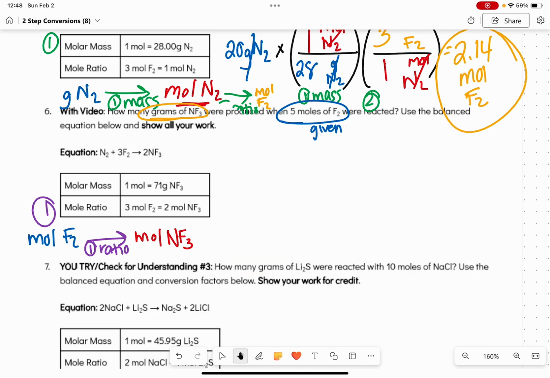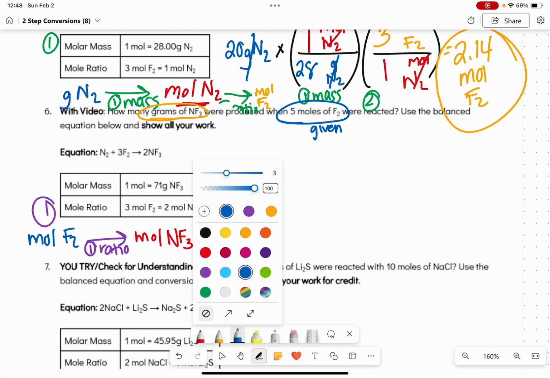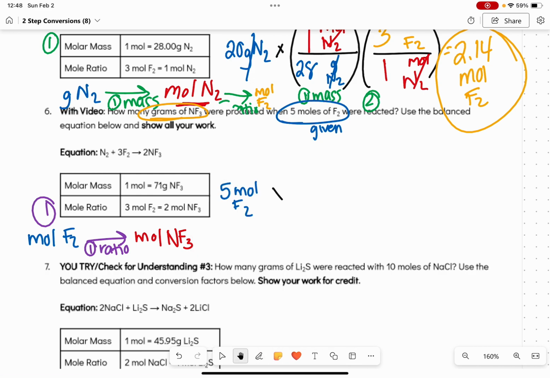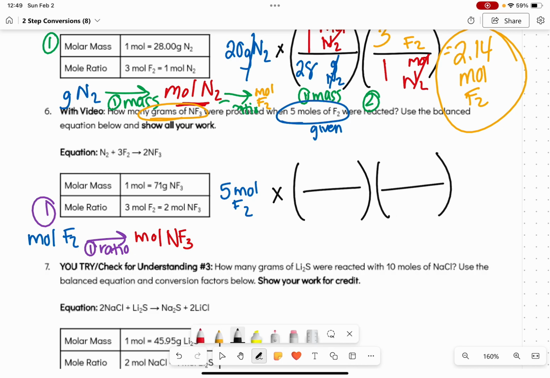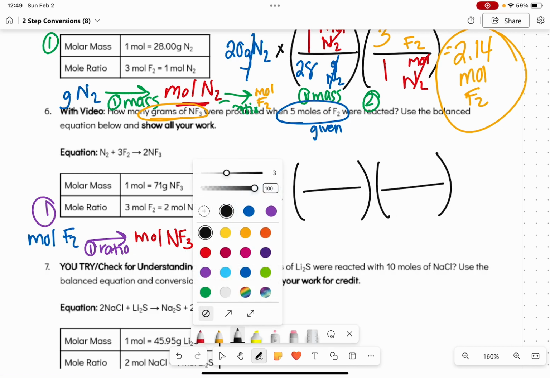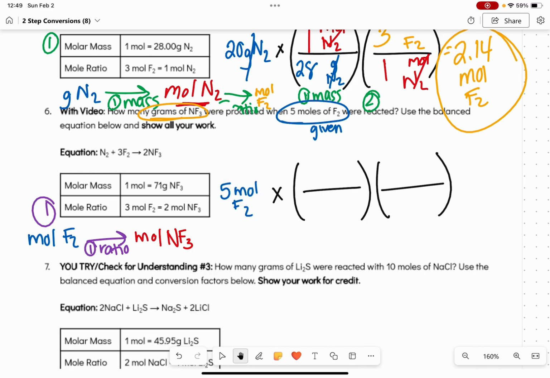So out front, we're going to start by writing our given, 5 moles F2. Because moles F2 is what I start with, that's going to be my old unit at the bottom to cancel the unit out.